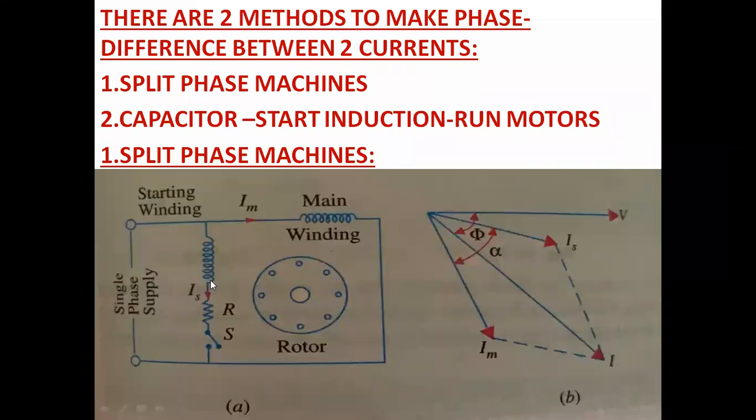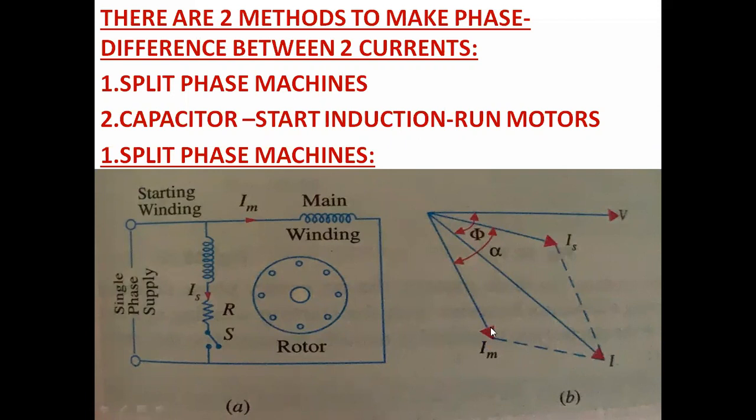Hence we see that the current IA drawn by the starting winding lags behind the applied voltage V by a small angle. Suppose the angle made from V is for the main winding current IM, and this is the starting winding current.